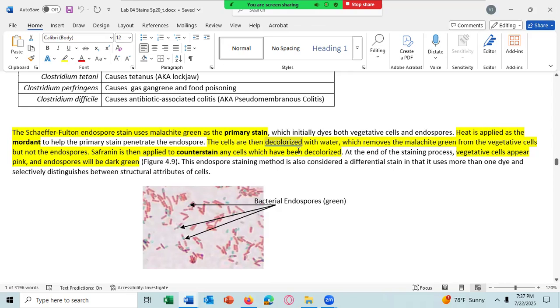Water will pull the malachite green out of the vegetative and parent cells. You then stain the cells with safranin. Safranin is the counter stain. Remember, a counter stain is just the second stain you use that is a different color than the primary stain. Let me blow this up a little.